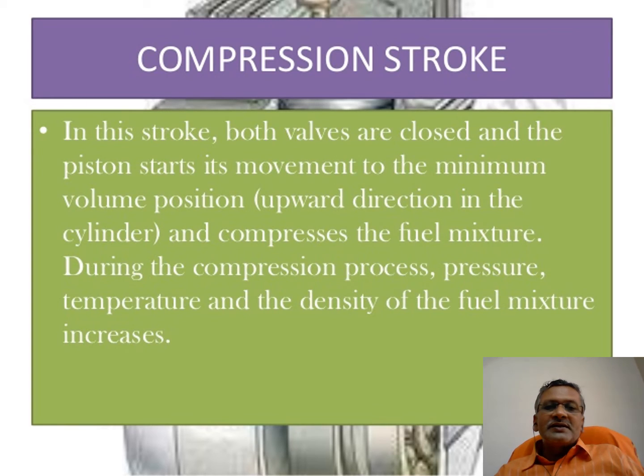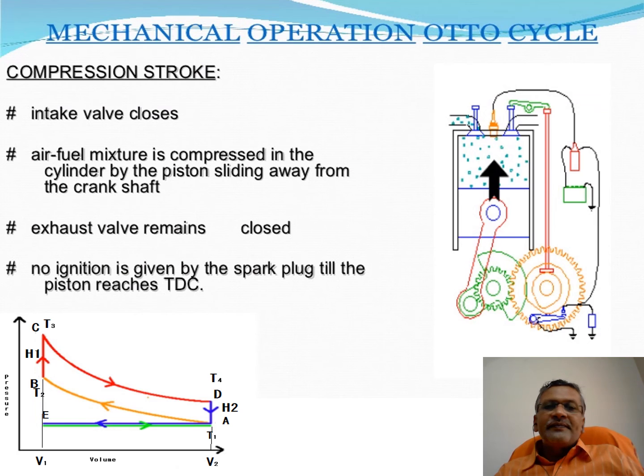Compression stroke, this is. In this stroke, both valves are closed and the piston starts its movement to the minimum volume position, in the upward direction in the cylinder, and compresses the fuel mixture. During the compression process, pressure, temperature, and density of the fuel mixture increase. In the compression stroke, the intake valve closes and the air-fuel mixture is compressed in the cylinder by the piston sliding away from the crankshaft.